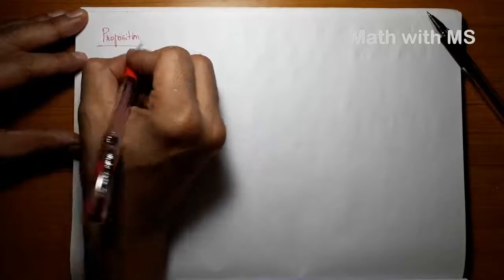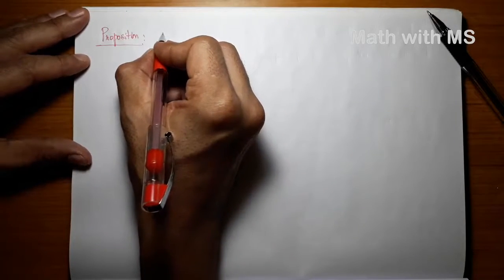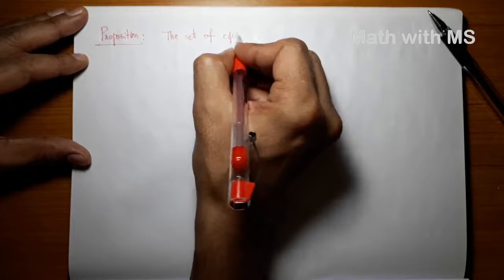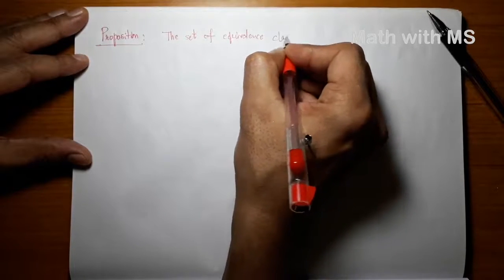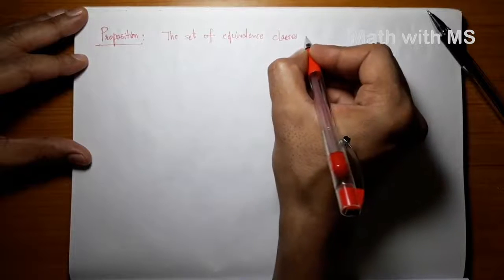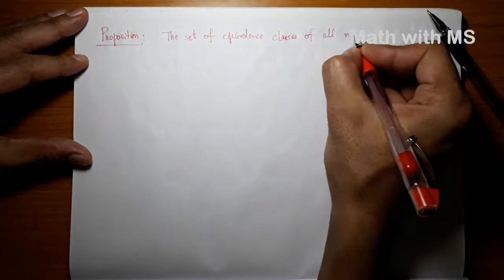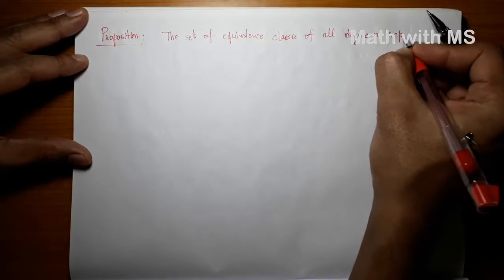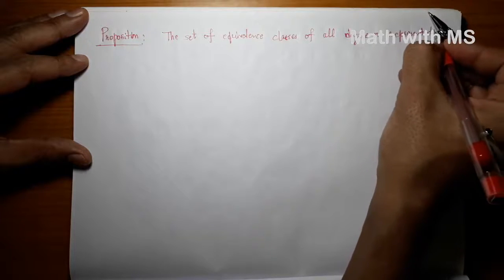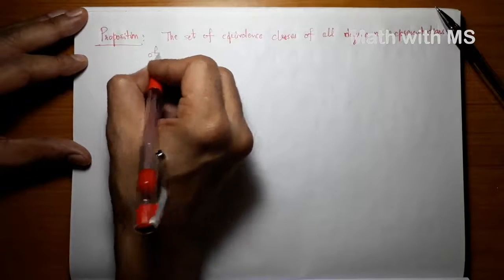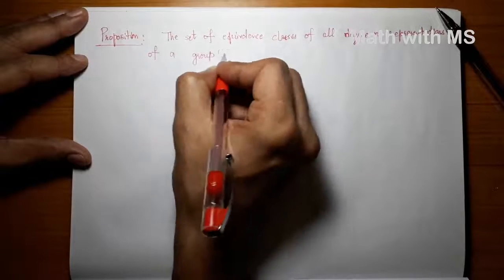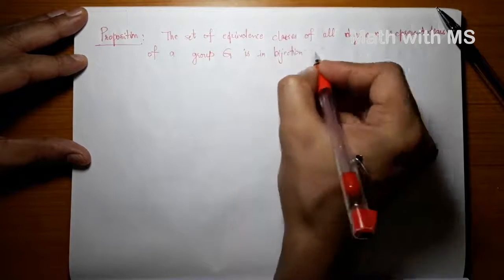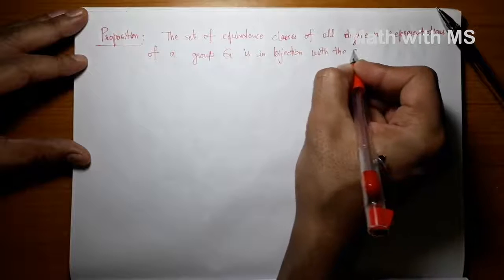Let us call it a proposition. So what does it say? The set of equivalence classes of all degree n representations of a group G is in bijection with the set.